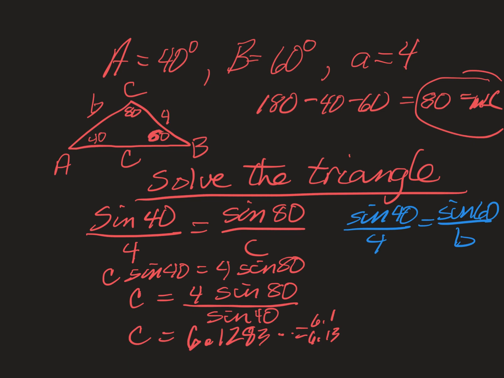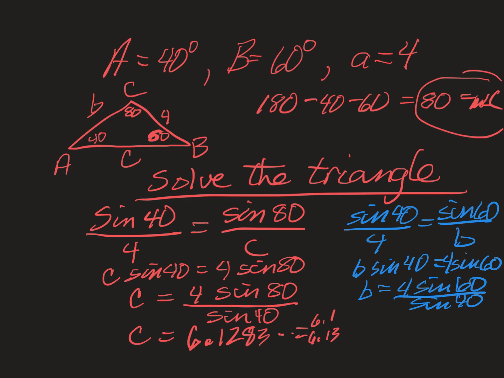So I do the same thing, B sine of 40 equals the sine of 60 times 4. And then I divide both sides by the sine of 40. So B equals 4 times the sine of 60 over the sine of 40. And then I go ahead and work that out on my calculator.